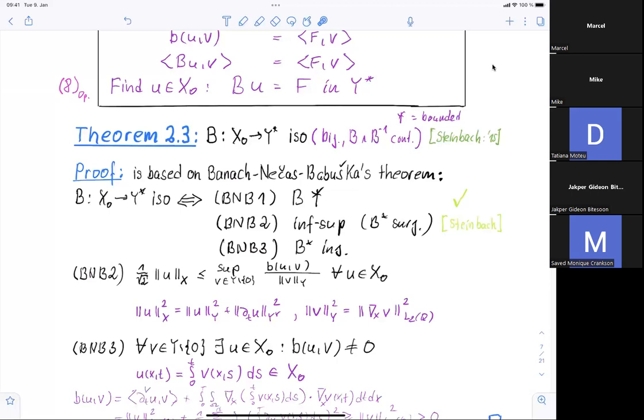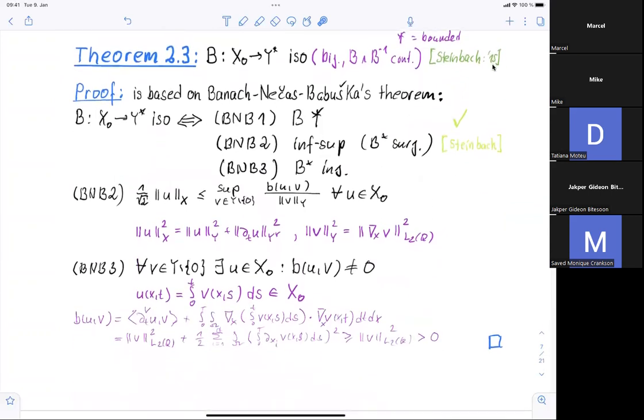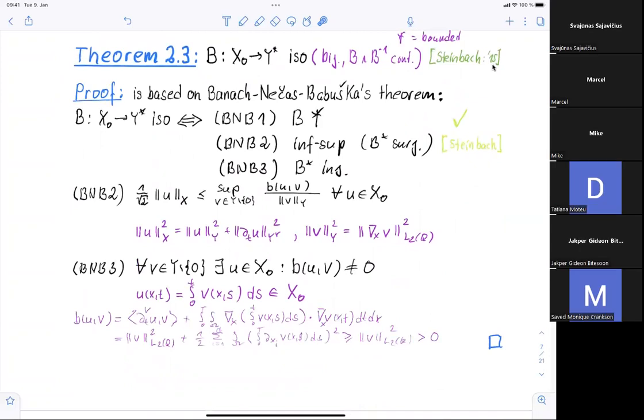The discrete inf-sup condition does not follow from the continuous inf-sup condition, of course, but the proof technique is almost the same. And then we need a third condition that says that for all v from y, there exists a u from our x0, where we look for the solution, such that B(u,v) is not 0.